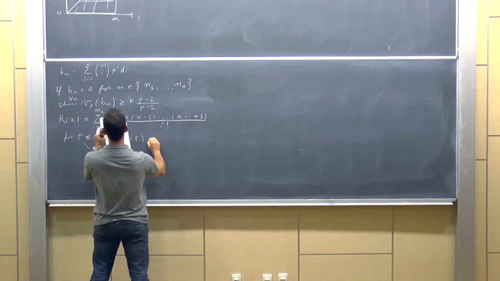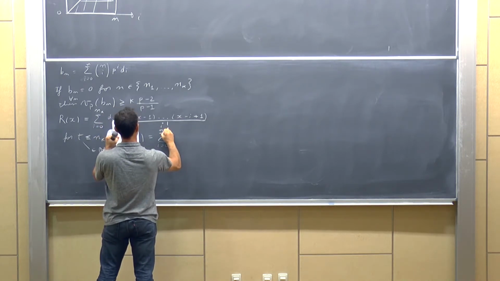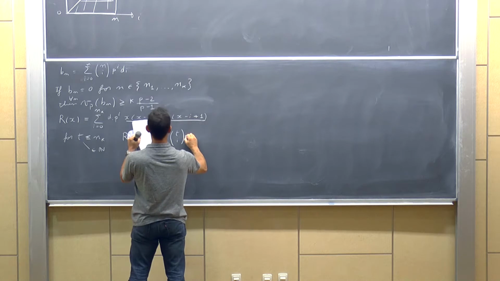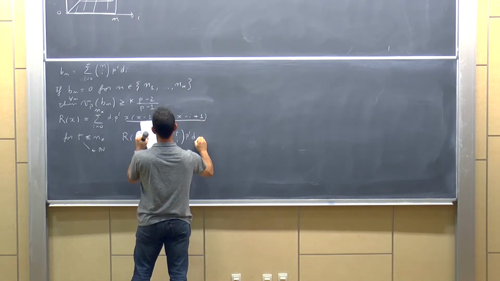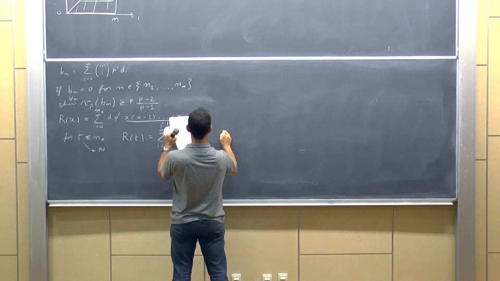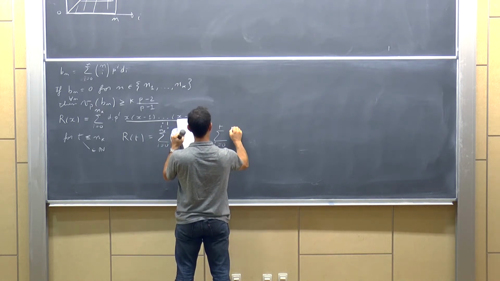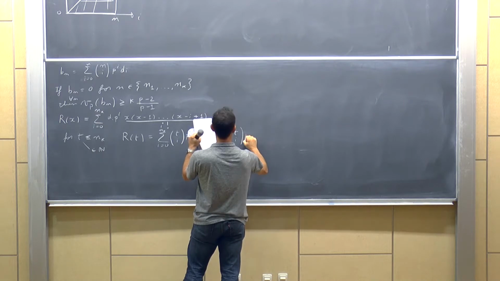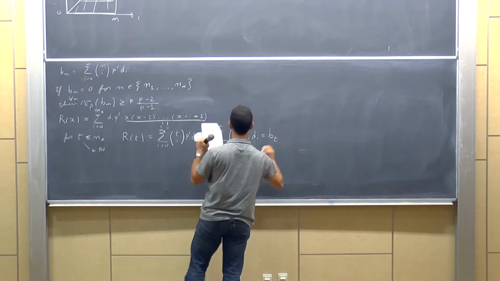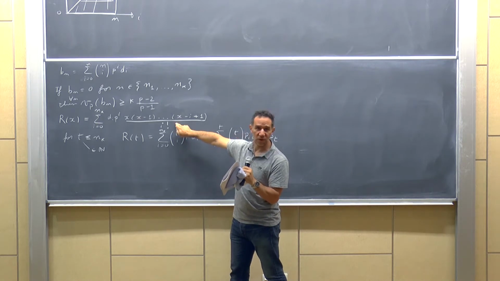I have that r of t is equal to the summation for i equals 0 to n_k of t choose i, p to the i d_i, which is the summation for i equal 0 to t of t choose i, p to the i d_i, which is b sub t. Okay, so this t choose i simply comes from here.